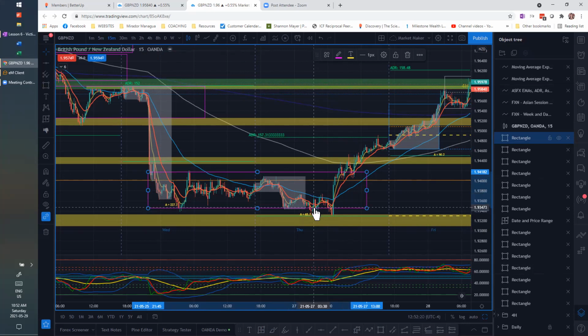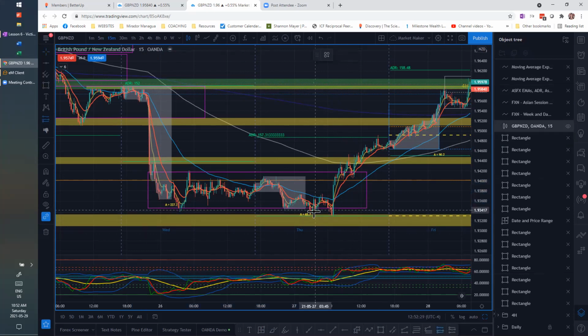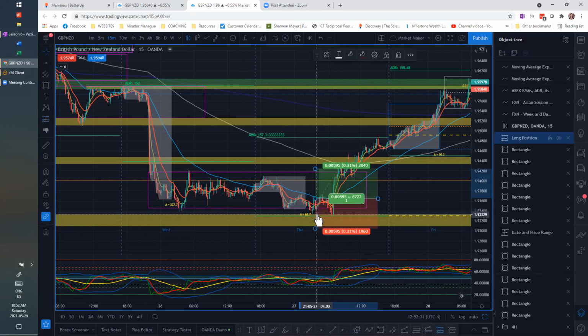So here's an example of where the railroad didn't actually do anything on the 15. But even if you had entered in here, my standard is 20 pips. I can't use 20 pips on GN because my broker doesn't give me enough leverage, and because it moves a lot, 20 pips isn't much on this one.